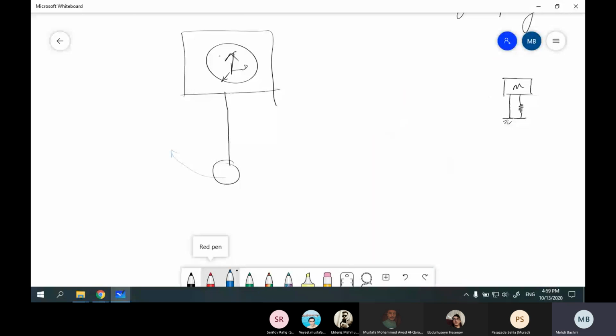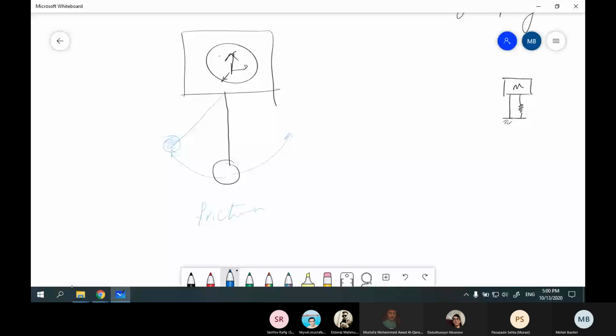Okay. For example, you have such a thing. If you release this hanging weight from here, after, for example, 10 times, its energy damps and it will stay in this situation. You all know that. It's obvious. The reason is friction between this and air.